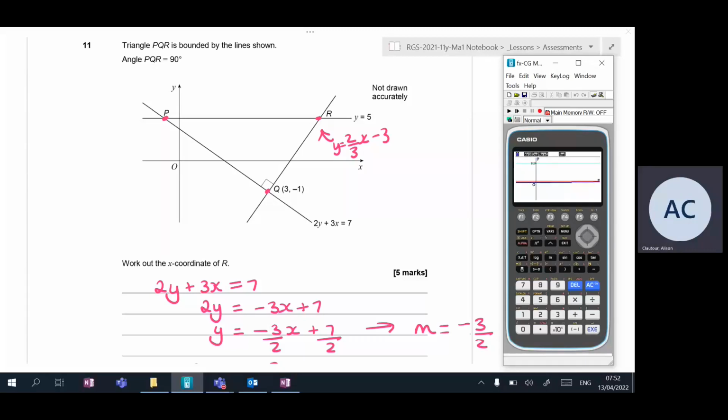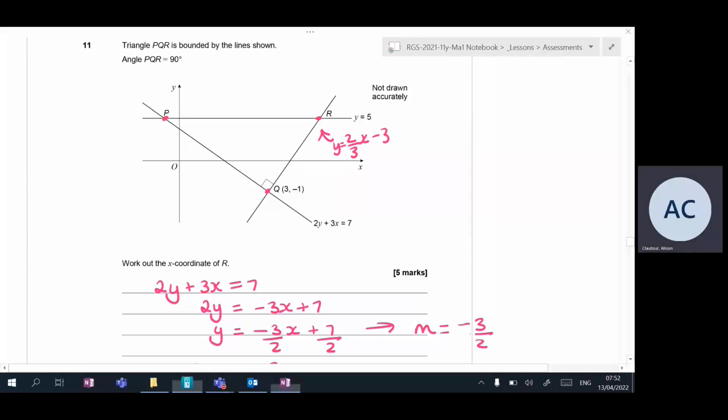Don't really need the other line. Okay, just make sure you can see the intersection on your page, otherwise it won't find it. So G solve intersect, and it tells you x is 12. So I know I've got that question right in the exam as well.